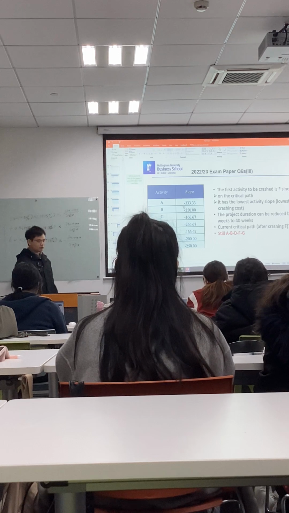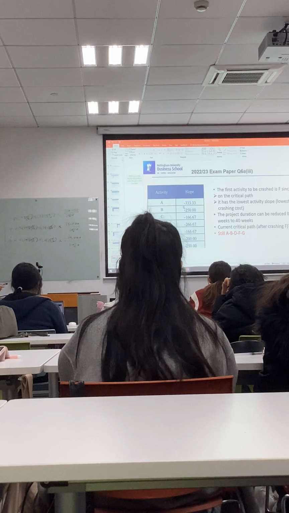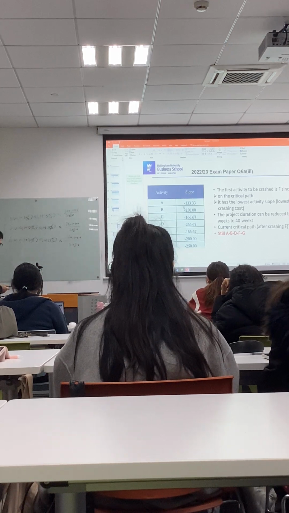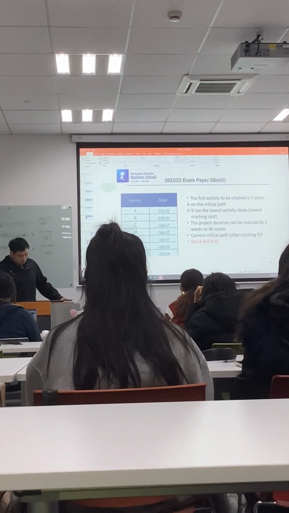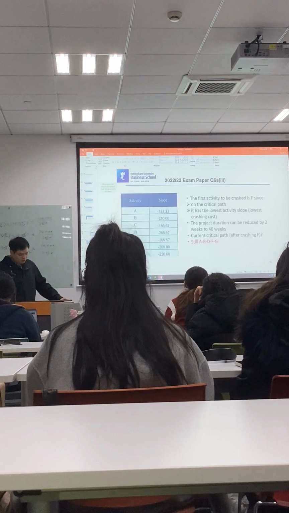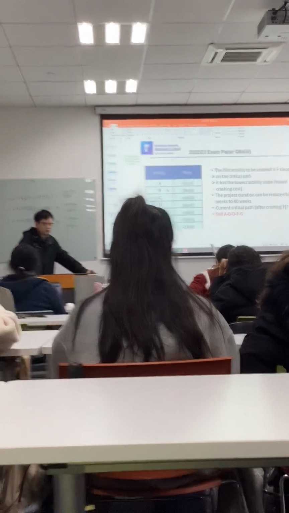So of course, first we need to calculate the slope of all these 7 activities, and also select the critical activities among them. So the critical activities are A, B, D, F, G, right? So A, B, D, F, G. And the sequence of crashing begins with the cheapest one.